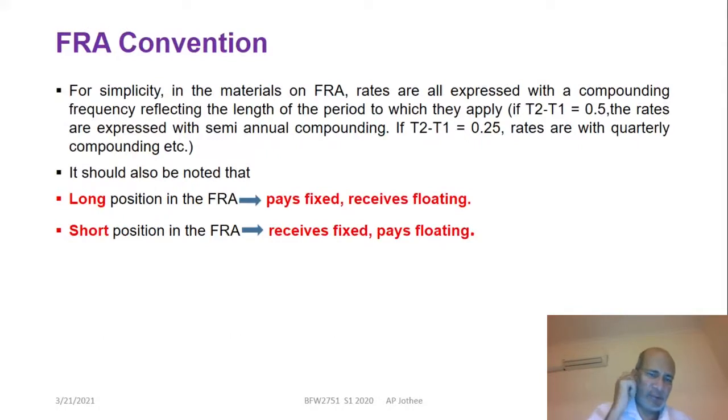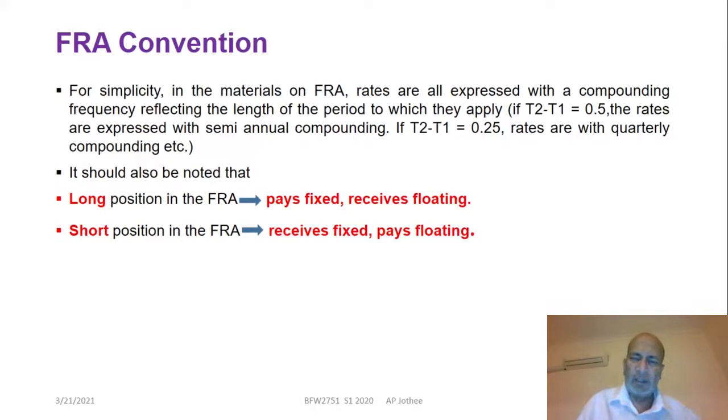Okay, FRA conventions. Please understand this very carefully, because the FRA has its own conventions where you must understand what you will be getting when you are in the long position and what you'll be getting when you are in the short position. For simplicity, the rates on an FRA are all expressed with a compounding frequency reflecting the length of the period to which it's applied, the T1 to T2.